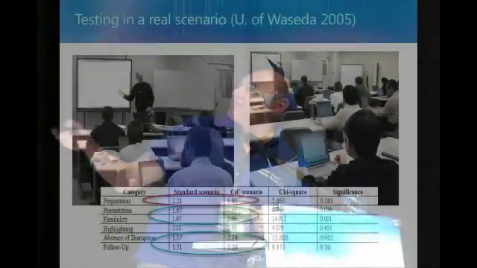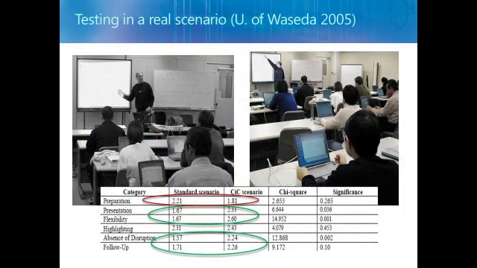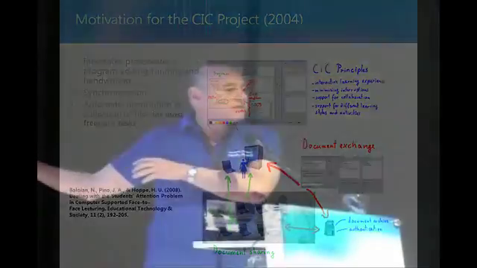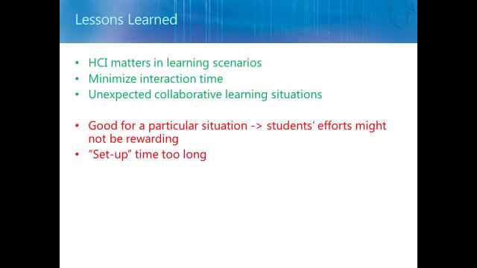I could synchronize, for example, one of these programs with one student and another note with another student and so on. And we had a lot of very interesting, very rich collaboration situations inside the classroom. But it is good for a particular situation.